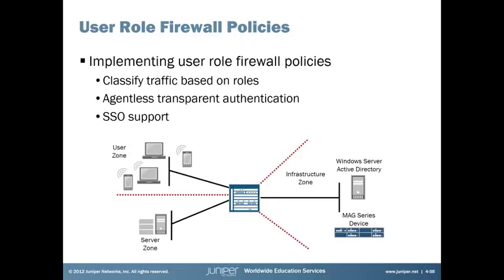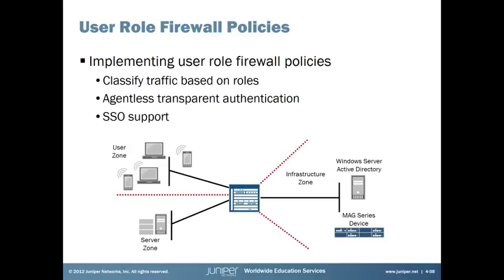So let's take a look at these user role firewall policies. We get to classify traffic based on roles. So we can set up this agentless transparent authentication, and we need support from another device for that. In actual fact, this is one way of doing it.